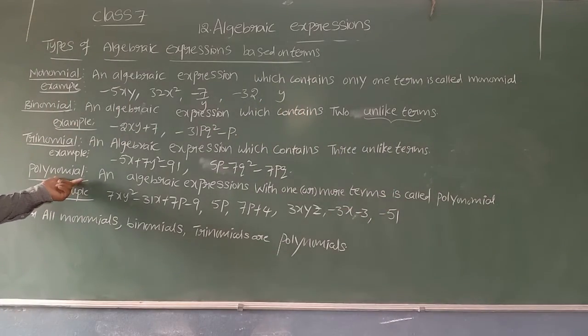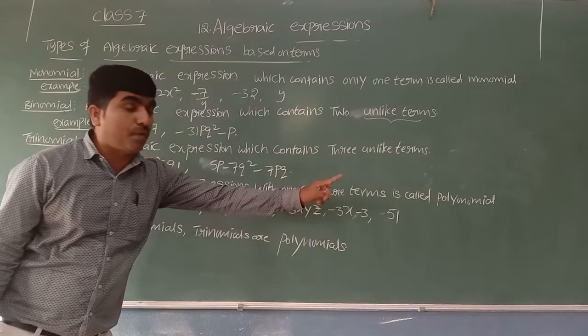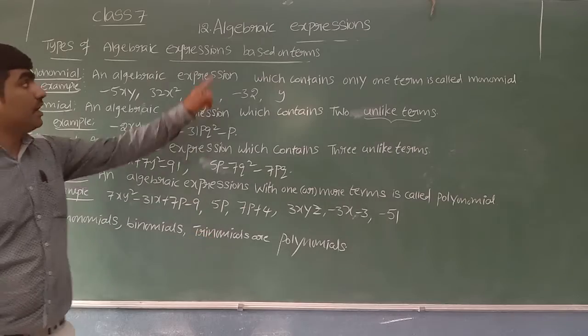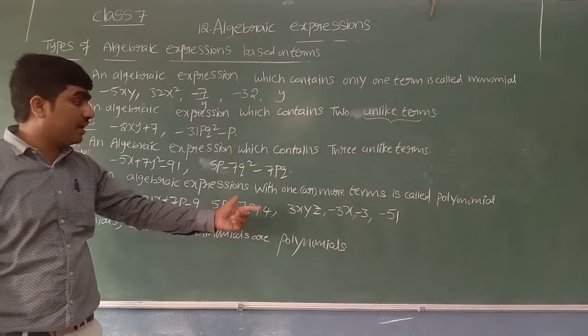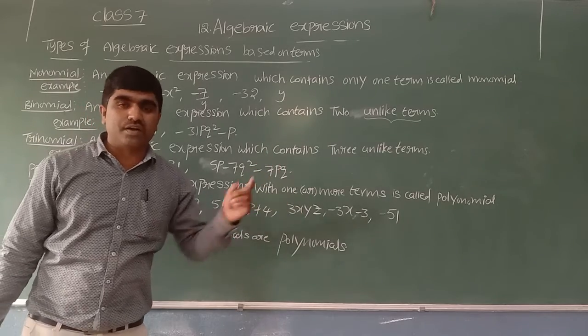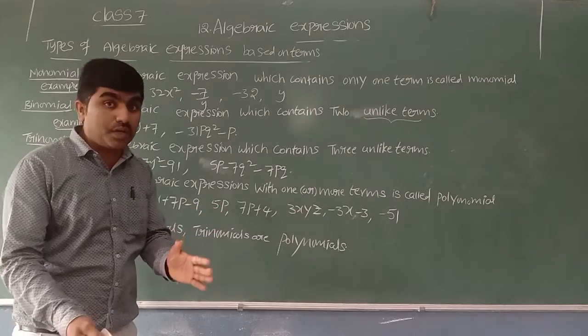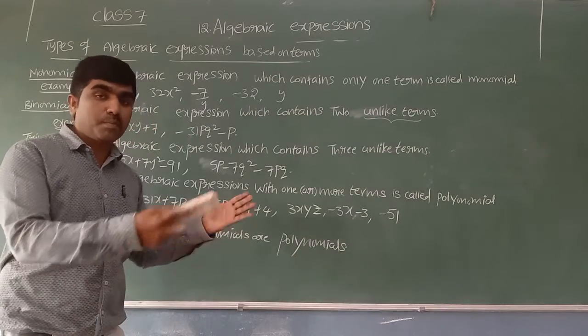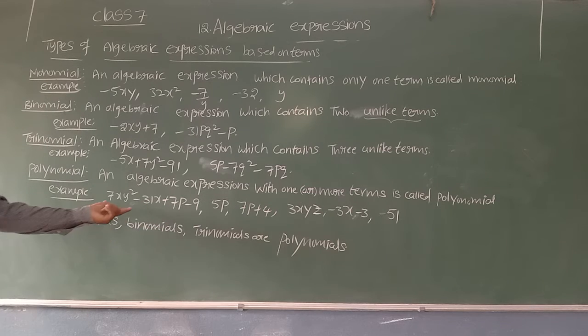Next we will see what is meant by polynomial. An algebraic expression with one or more terms is called a polynomial. Polynomial means it is an algebraic expression, and that algebraic expression may contain one term or more than one term. If it contains one term, also polynomial. Two terms, polynomial. Three terms, polynomial. Four terms, polynomial. 10 terms, polynomial.